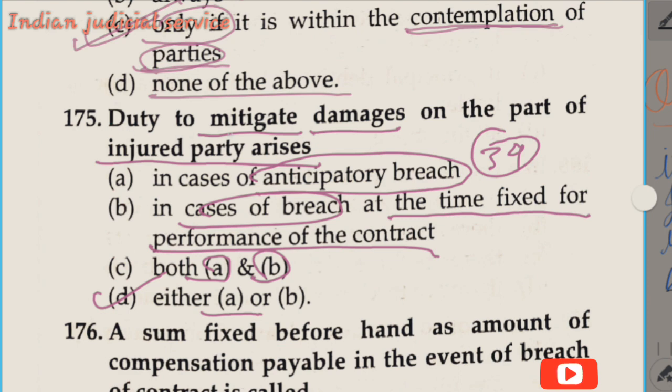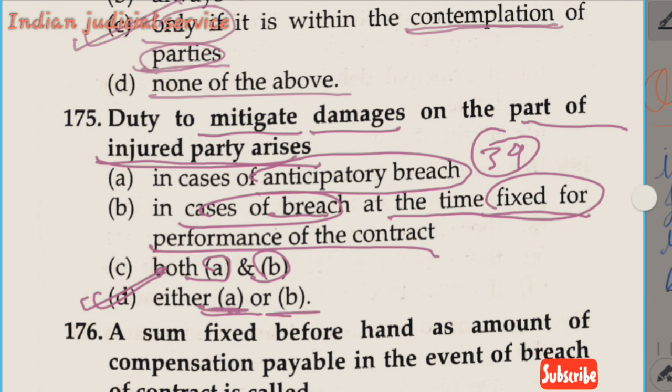So this is the duty to mitigate the damage on the part of the injured party, either in case of anticipatory breach or in case of breach at the time fixed for the performance of the contract. So the answer here is option D, either A or B.